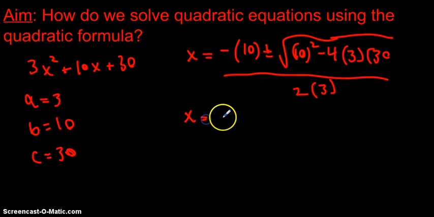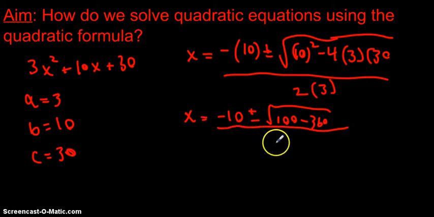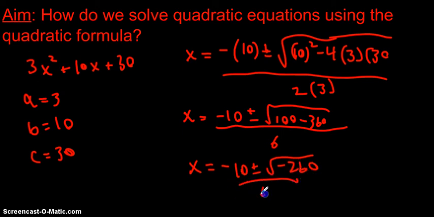So x is going to be equal to negative 10 plus or minus the square root of 100 minus, this is 12 times 30, 12 times 3 is 36, so that should be 360, all over 6. Alright, so let's finish this up, running out of time on the video. Plus and minus the square root of negative 260 over 6.